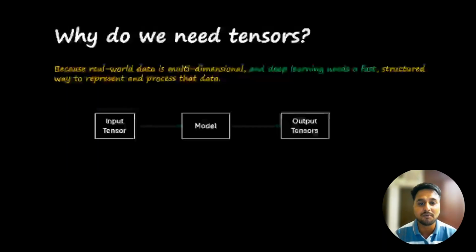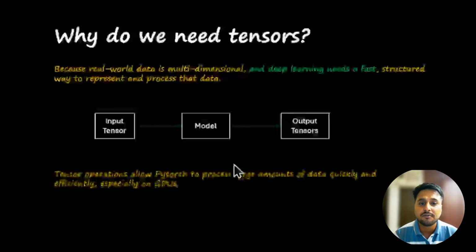So the output probability is also a tensor. Everything in, everything out is a tensor. So tensor operations are the secret sauce. They allow PyTorch to process large amounts of data quickly and efficiently, especially on GPU. A GPU can do thousands of tensor additions or multiplications in parallel. That is why deep learning works at all.